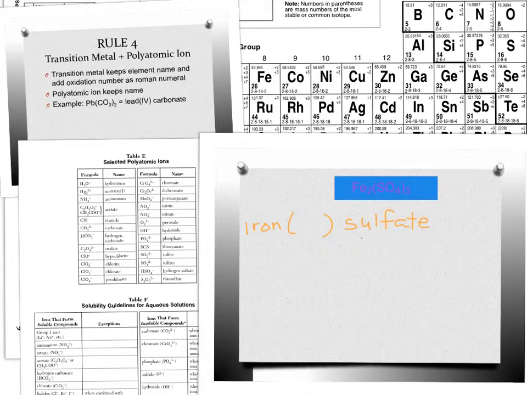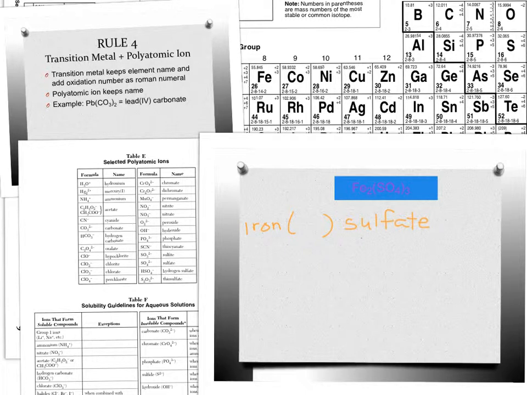Now to determine what to write into this parenthesis, we have to identify the oxidation number of iron. Now when the two sets of elements are not in a one-to-one relationship, so in this case there's 2 Fe for every 3 SO4, there's a very easy way to find out what the charge of the transition metal is.